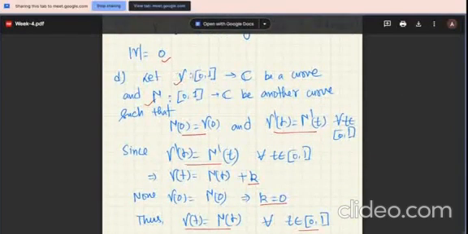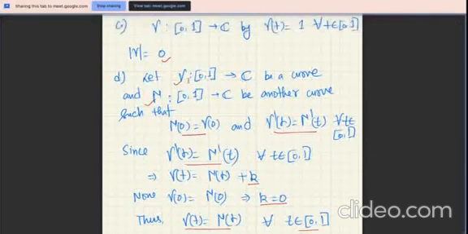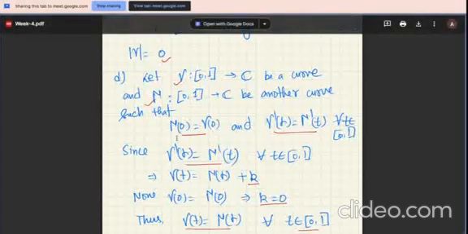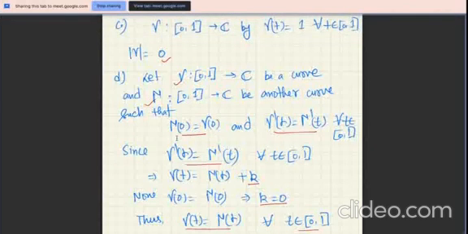So let gamma from [0, 1] to C be a curve, and let capital Gamma be another curve such that capital Gamma of 0 is gamma of 0, and capital Gamma dash t equals gamma dash t for every t.